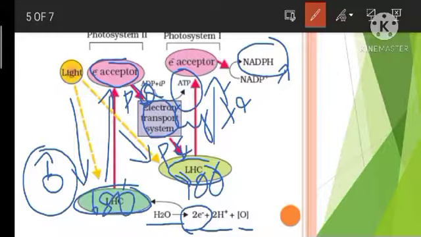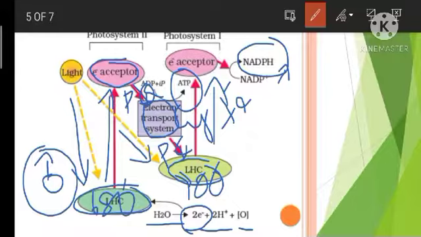Then this photophosphorylation which is taking place in this light reaction can also be said to be non-cyclic photophosphorylation. Why do we say it is non-cyclic photophosphorylation? Because the electron which is released from photosystem 2 is not cycled back to photosystem 2.